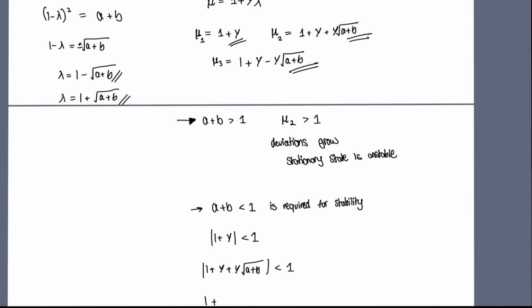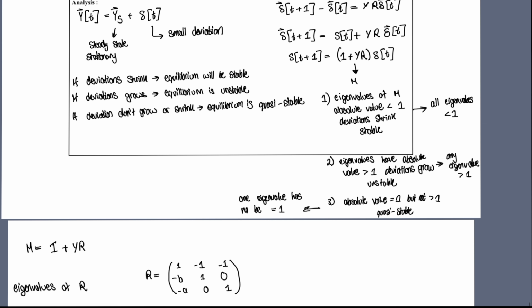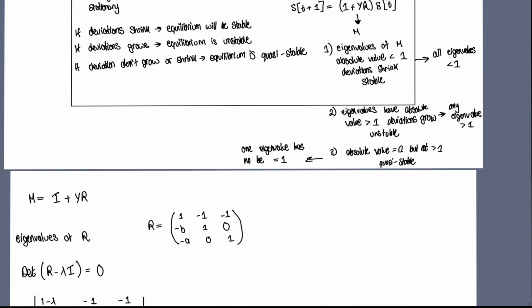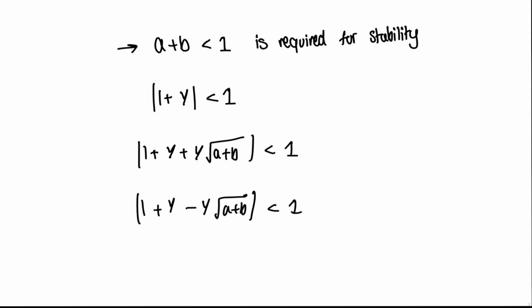And then 1 plus mu minus mu root a plus b, also less than 1. That's because all the eigenvalues have to be less than 1 for the deviations to shrink and to have a stable solution. So now we have this. We need to find the exact value for gamma.